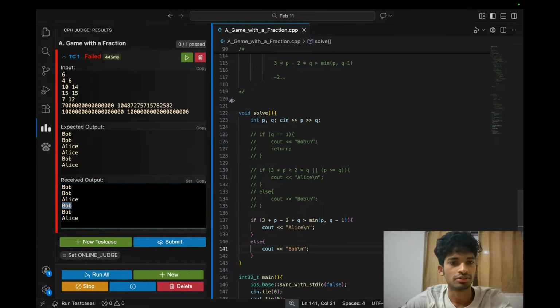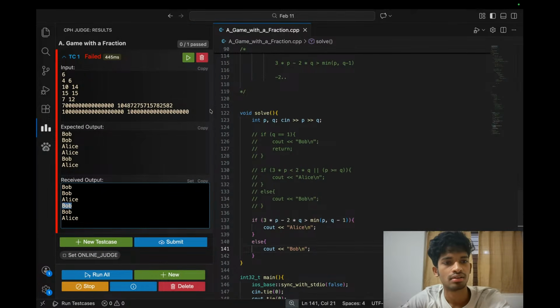Why am I not able to solve this one? Why am I complicating it?